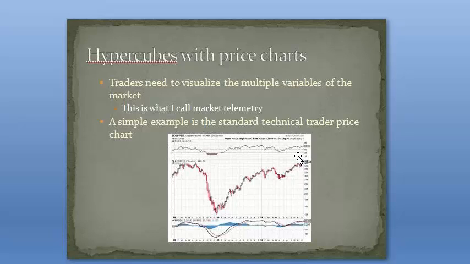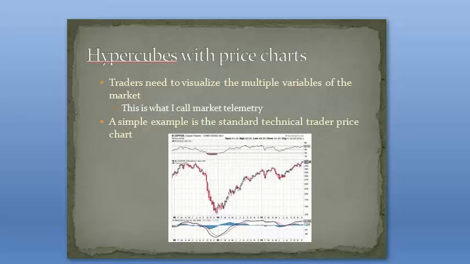Yeah, there are some volatility charts that can be added to the price chart, and probably some people that trade that are even on this conference call have some sort of volatility metric on their price chart. So they're kind of using hypercubes in prices, but I think there's a better way.